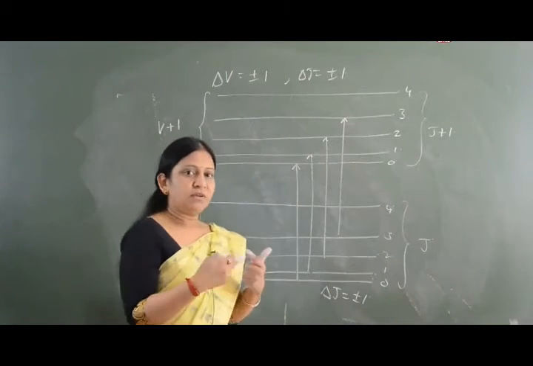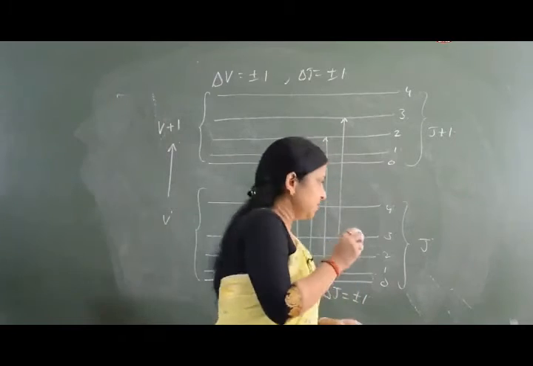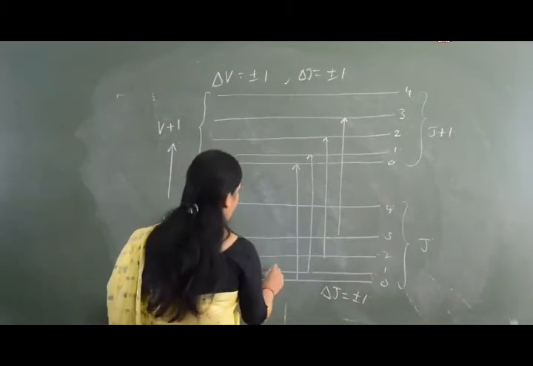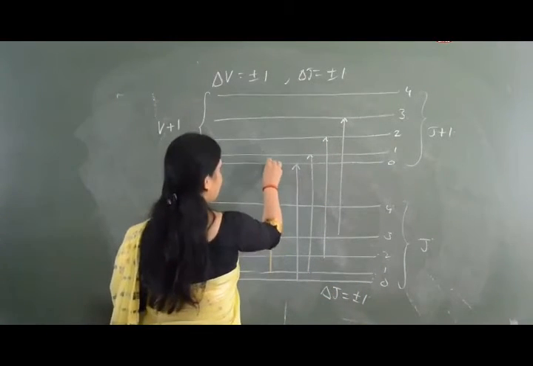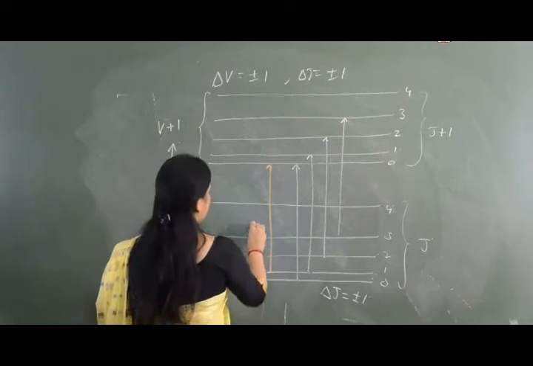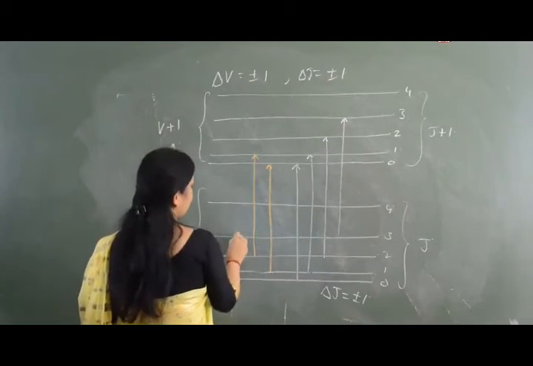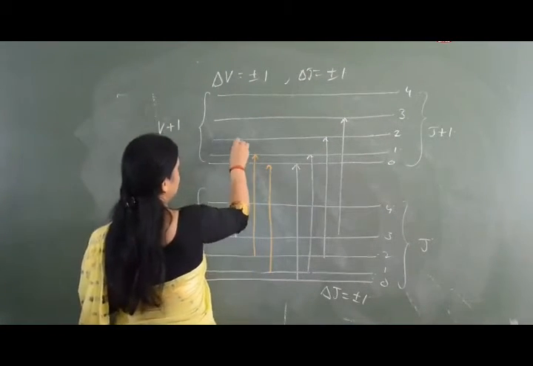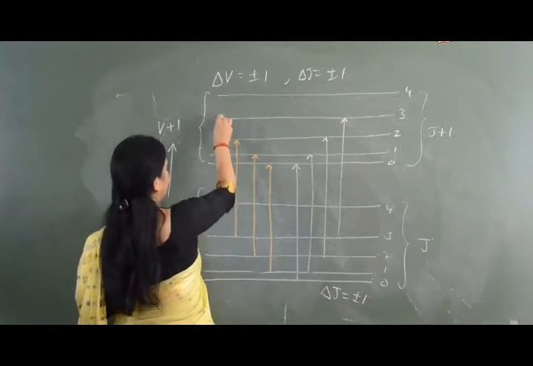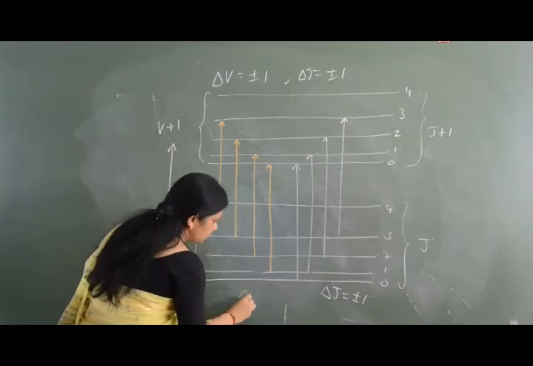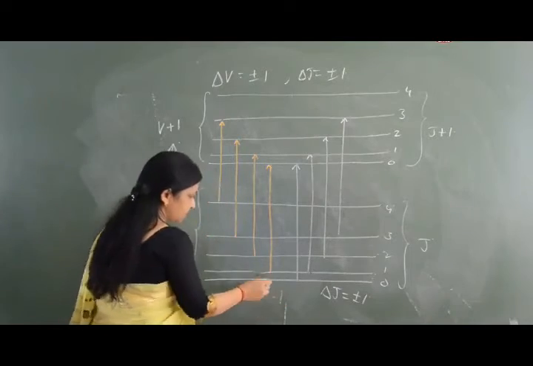Then if I am drawing the transition for ΔJ minus 1, then I move from 1 to 0, then 2 to 1, then 3 to 2, and the last is 4 to 3. These transitions are for ΔJ minus 1.